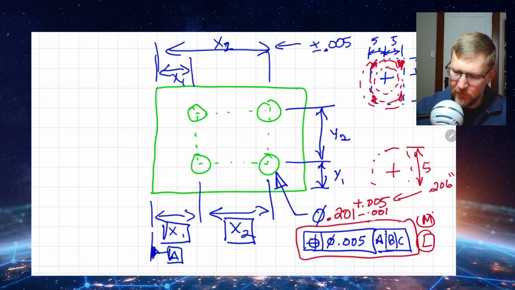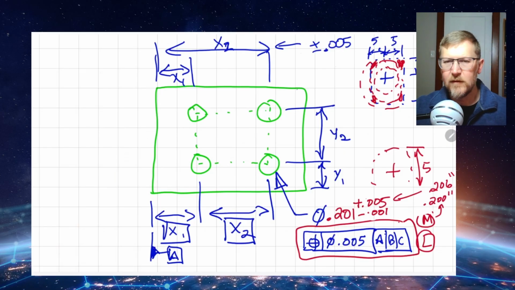And the maximum material condition would actually be 200. So at the max material condition, if that's where the tolerance for this position applies, well, let's say your hole were off by 6 thousandths instead of the 5 that's required by the drawing spec. Well, okay, you can open up 1 more thousandth in diameter, and technically you meet that.